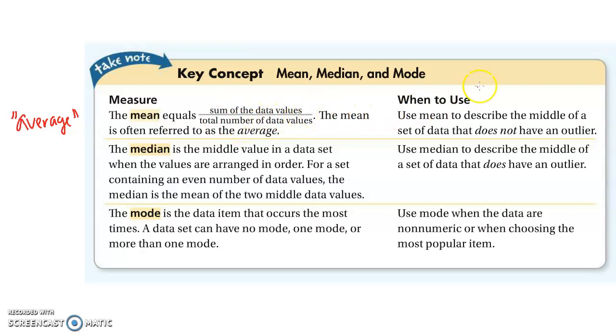So if I was trying to find the average of these values, 3 plus 4 plus 5, I would add them together and divide by how many data points we have, which is 3. 3 plus 4 is 7 plus 5 is 12. 12 divided by 3 is 4. So the mean of these values is 4, or the average is 4. Nothing really complicated here. This is a typical average that you guys have been doing for a very long time.